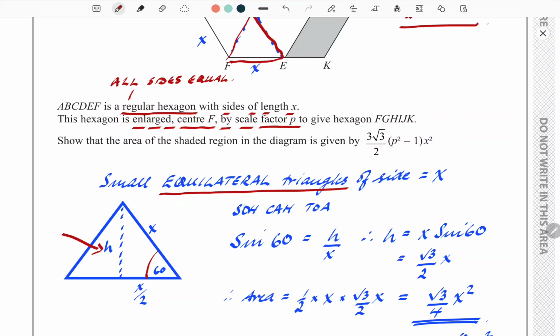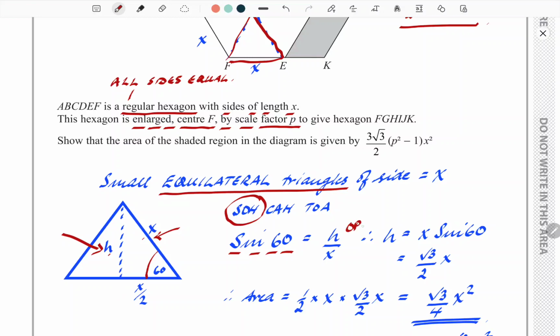And we're going to use SOHCAHTOA again. This time, different to the previous question, all right? We want the opposite, and we could use either the hypotenuse or the adjacent. I've chosen to use the hypotenuse, so I know I want the relationship between the opposite and the hypotenuse, and that's sine. So sine 60 equals h over x, all right?